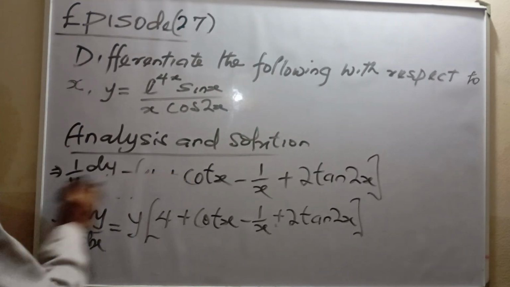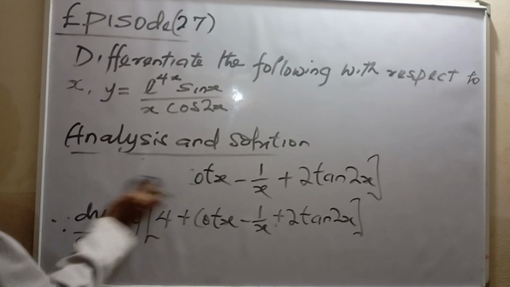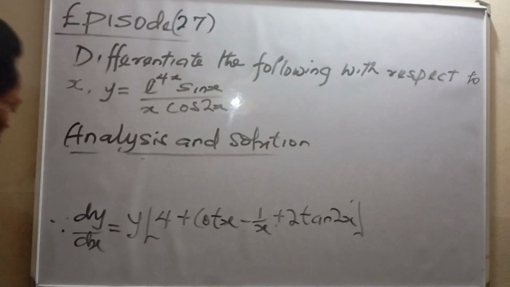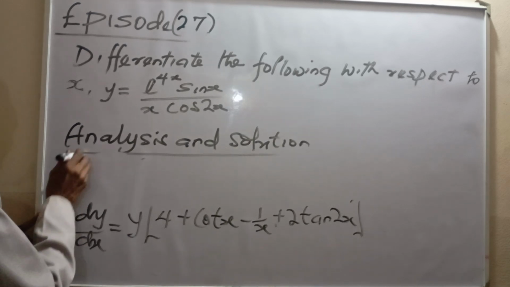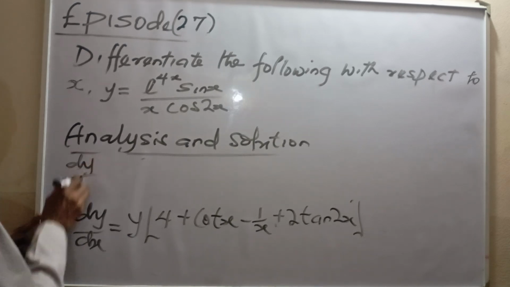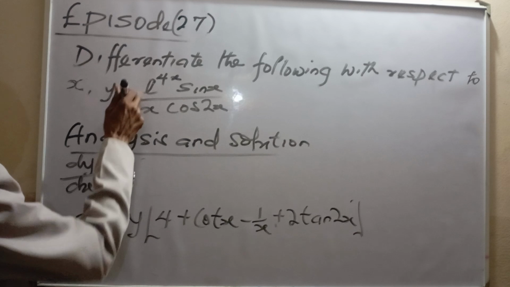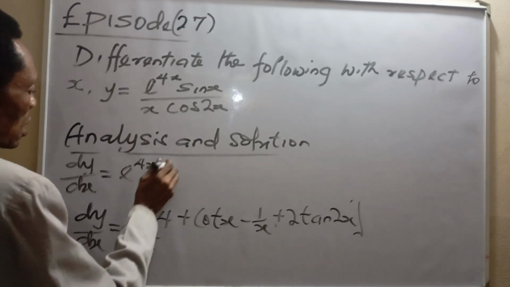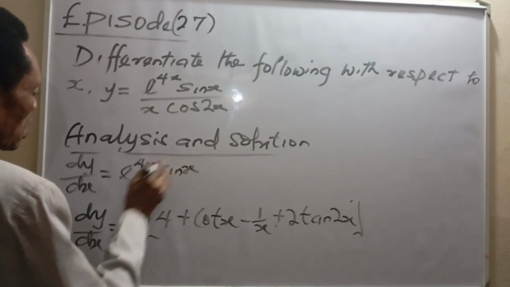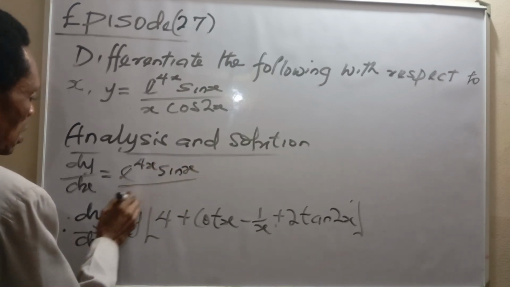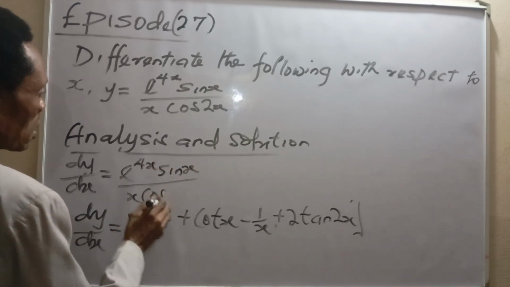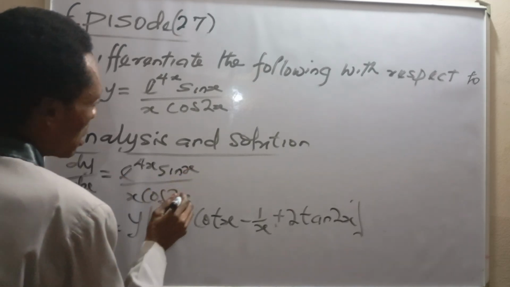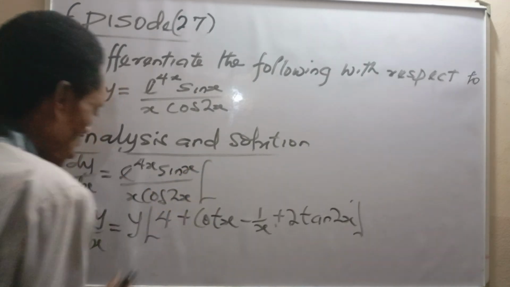So finally, dy all over ds equals, I have to repeat it, exponent 4s, then sin s all over s cos 2s. Then you have to rewrite this.